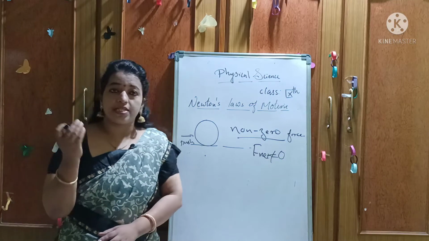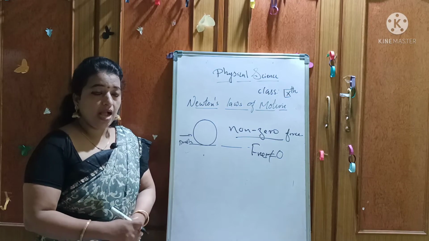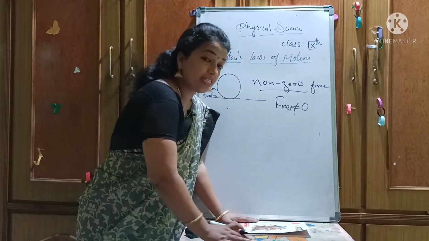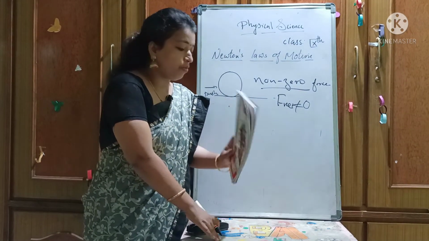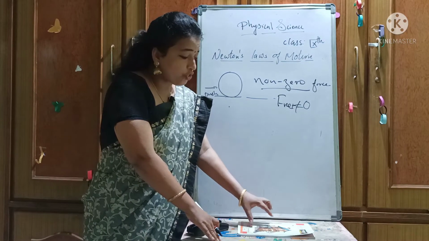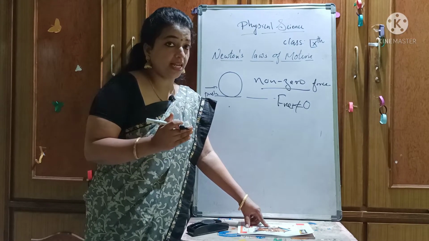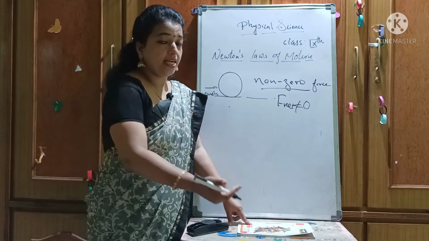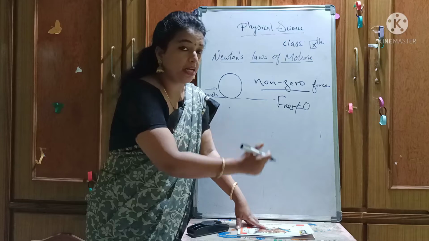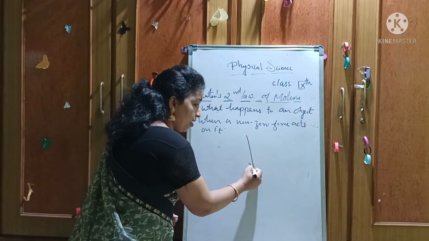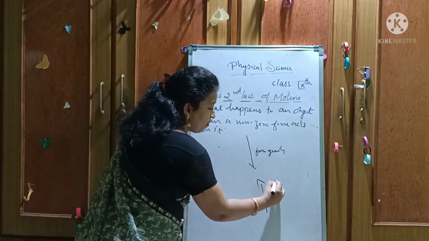Tell me any case where the net force is equal to 0. Sometimes it may happen. I will explain. Suppose this table is a frictionless table. I kept my book on the table. Here two types of force act on this book. We already learned in 8th class. Which forces are acting? One is the force of gravity and the other is the normal force.